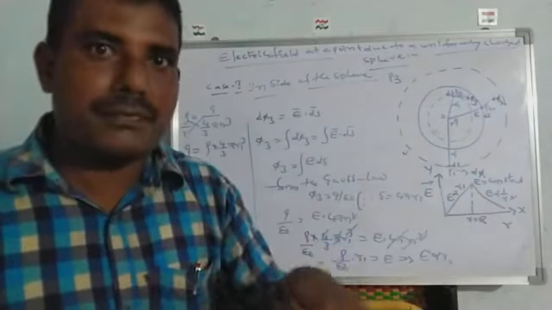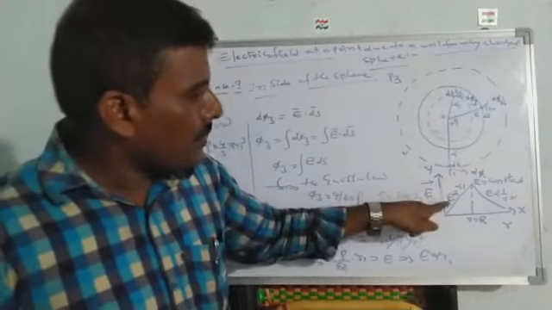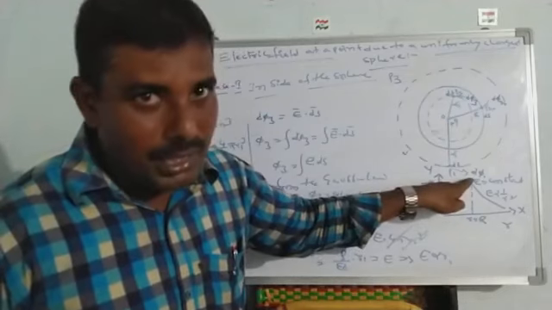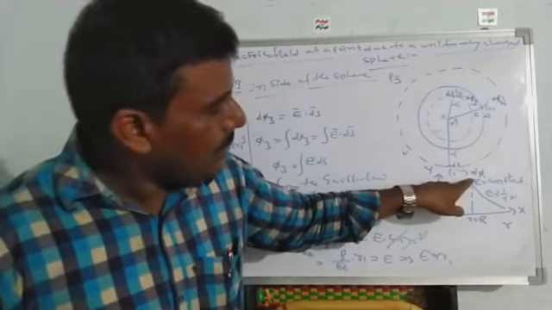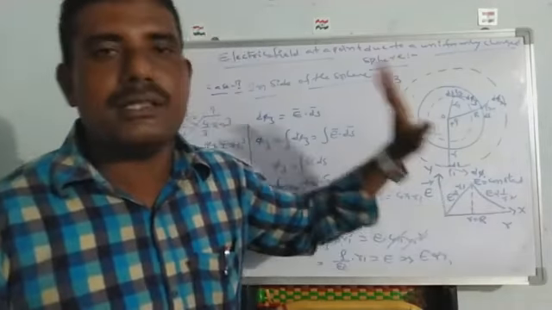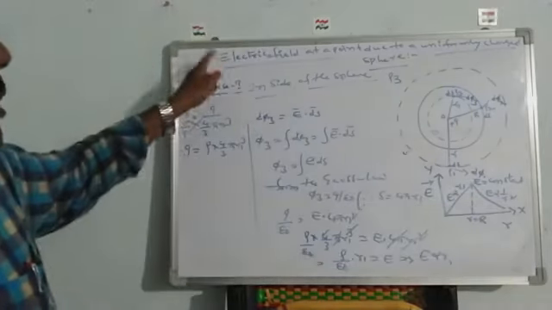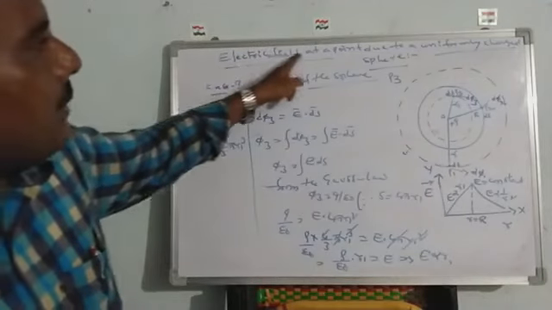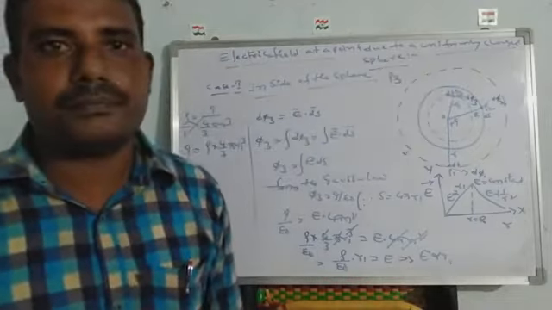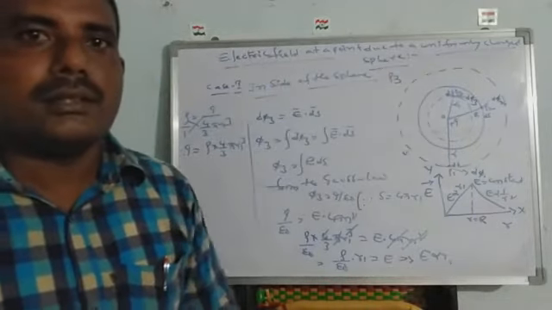From the center the field is gradually increasing, reaching a maximum value, then gradually decreasing. So this is the application of Gauss law for the electric field at a point due to a uniformly charged sphere. Okay, thank you.